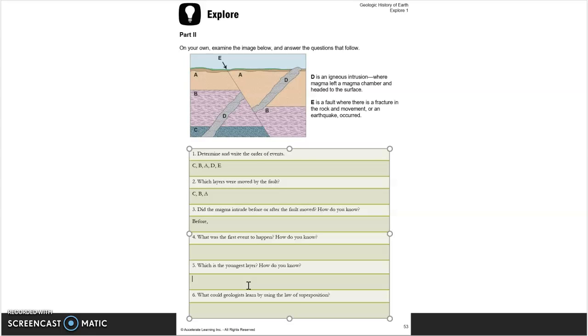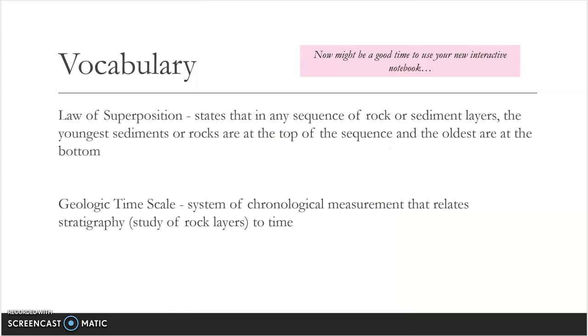The law of superposition, so this is a vocabulary word here that is important for you to know and have in your notes. Hint, hint, a wink, wink. I need you to put this into your folder, okay? Make sure you get that in your notes. We are looking at, and you should have already done this. If you didn't, that's where the hint, hint, wink, wink comes in, okay?